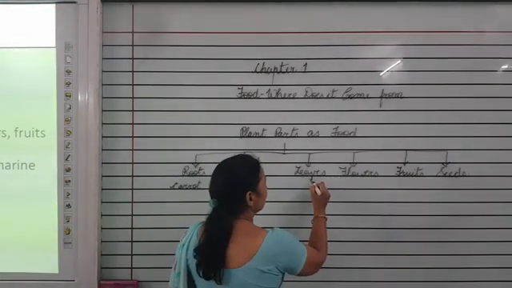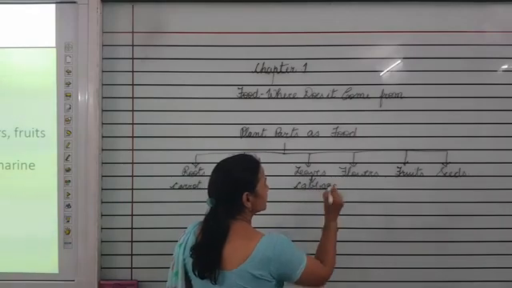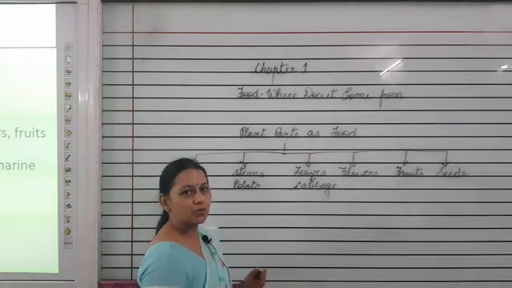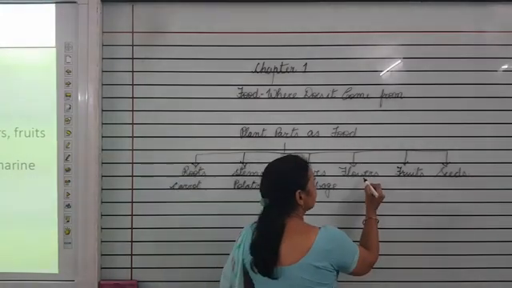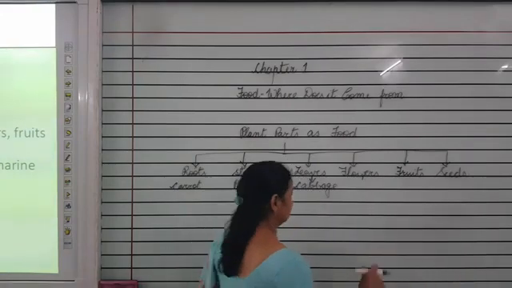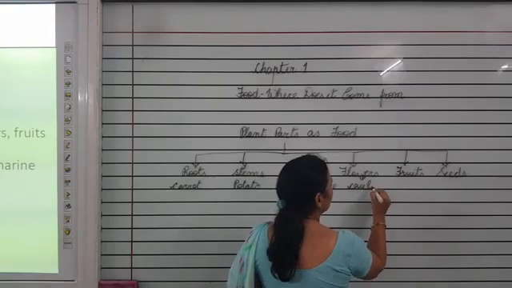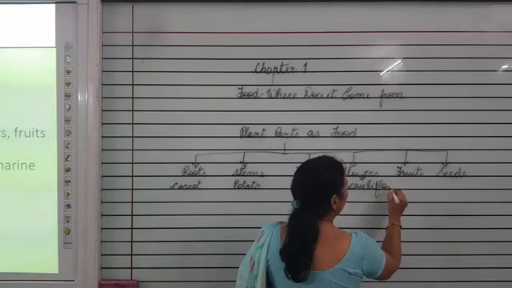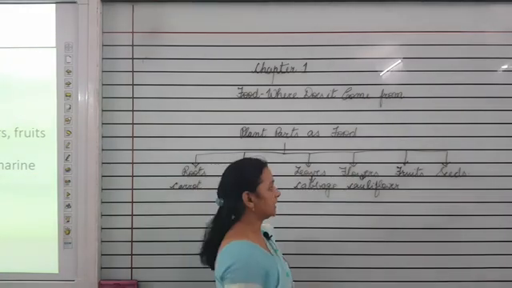Again, leaves like cabbage. Cabbage is the leafy part which we are eating as food. Flowers, like cauliflower. Cauliflower is the flower part of the plant which we are eating.